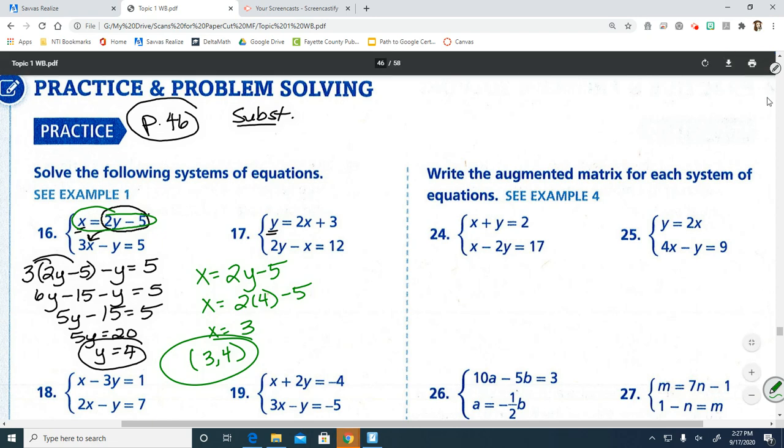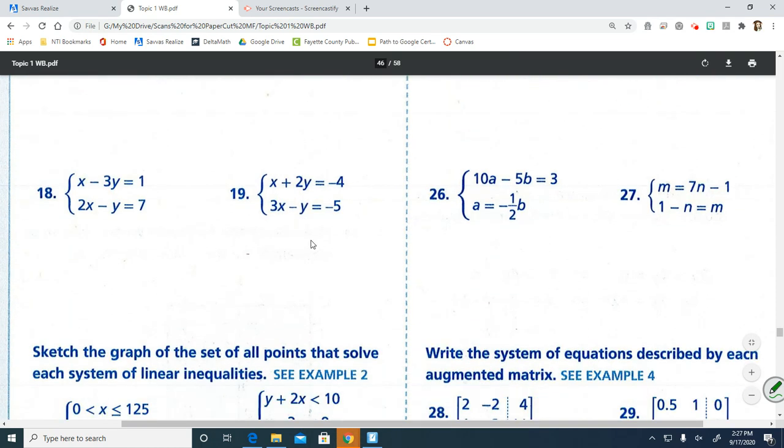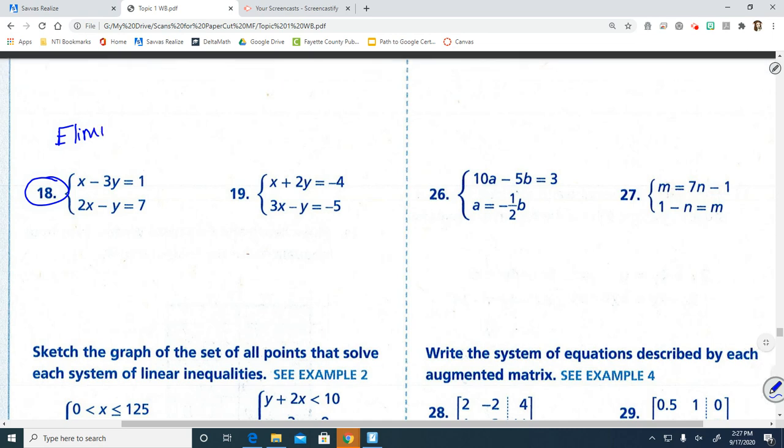Okay, now we'll do another elimination one. So let me clear the ink here. Okay, let's look at number 18. And I notice all the variables are already stacked for me. So that tells me elimination might be a good choice here.